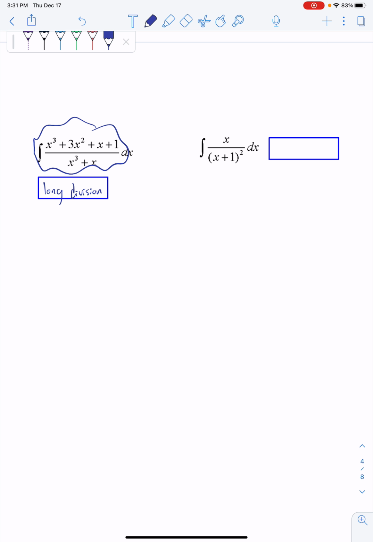Okay, when I look at this problem, I see an x cubed on the bottom and the top. I also see an x on the bottom and the top. So I'm going to rewrite this as x cubed plus x plus 3x squared plus 1, all divided by x cubed plus x.